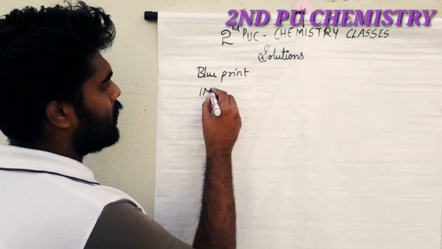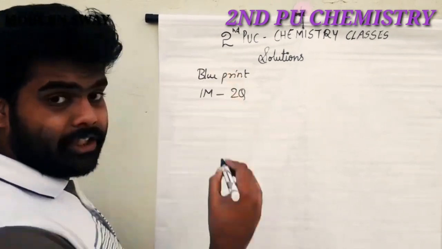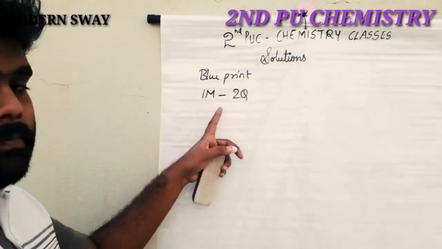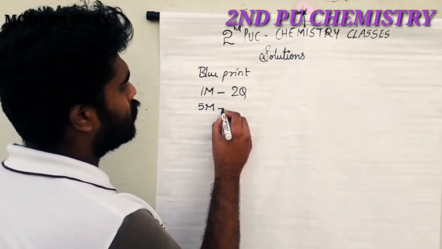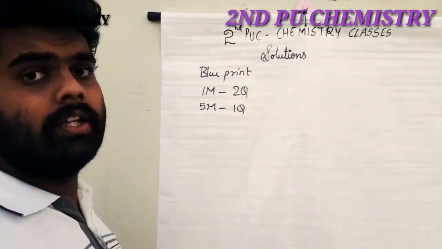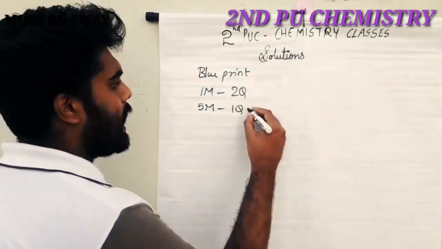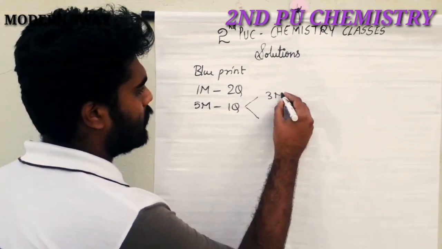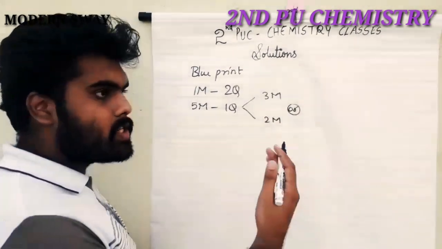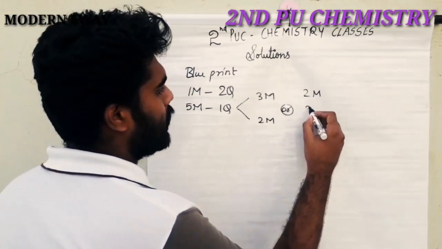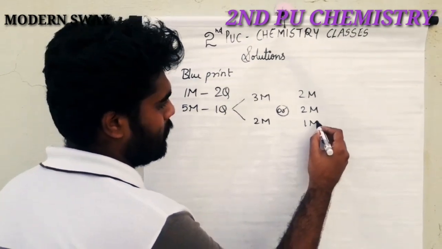For 1 mark questions, you'll be getting 2 questions, and for 5 marks you'll be getting 1 question. This 5 mark question can be split into a 3 mark and a 2 mark question, or it can also be split as 2 mark, 2 mark and 1 mark.